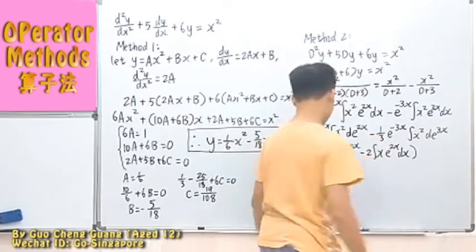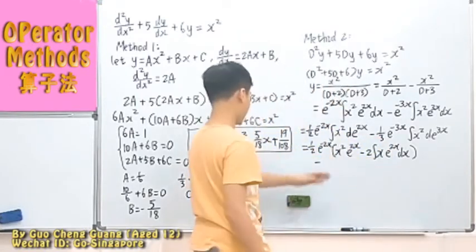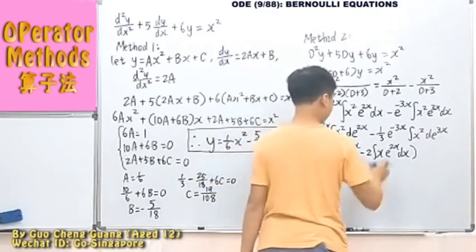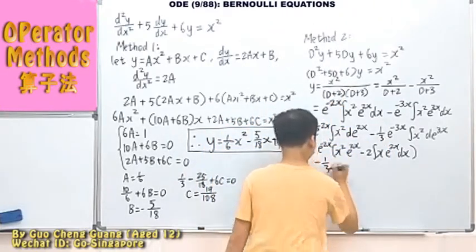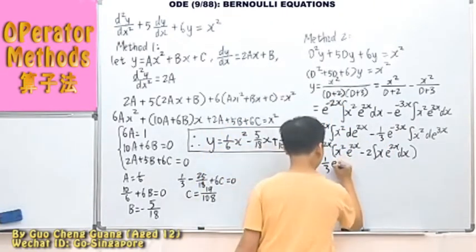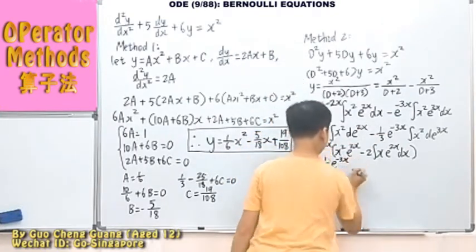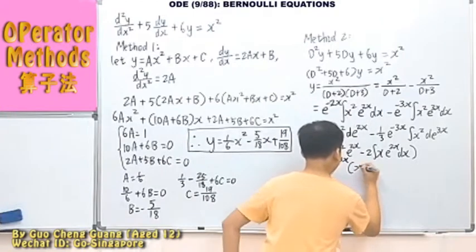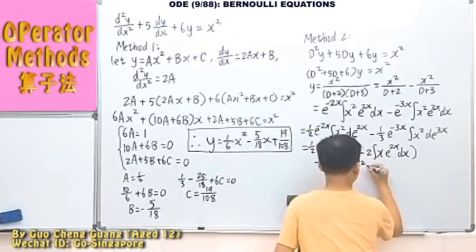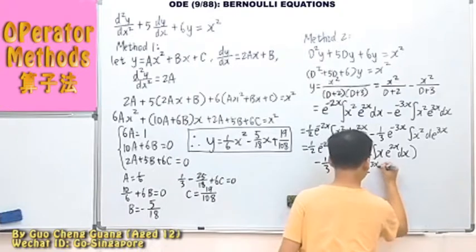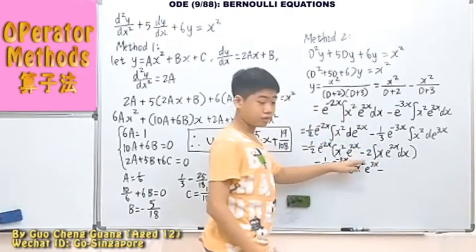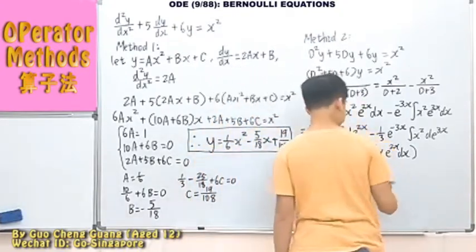Then for this part behind, you have to subtract 1/3, then e to the power of negative 3x. Then after that, x squared e to the power of 3x. Then here you minus.